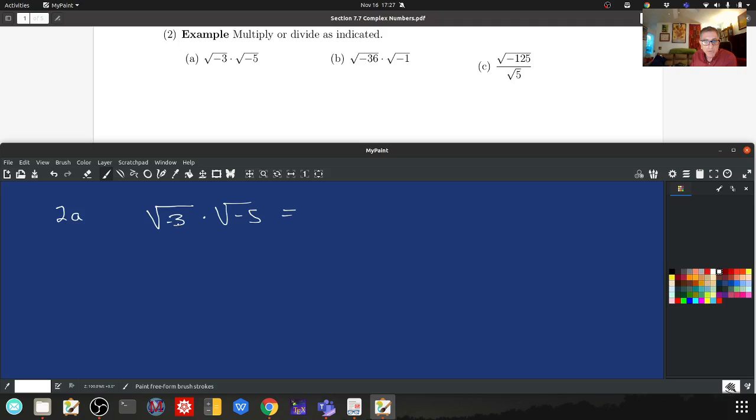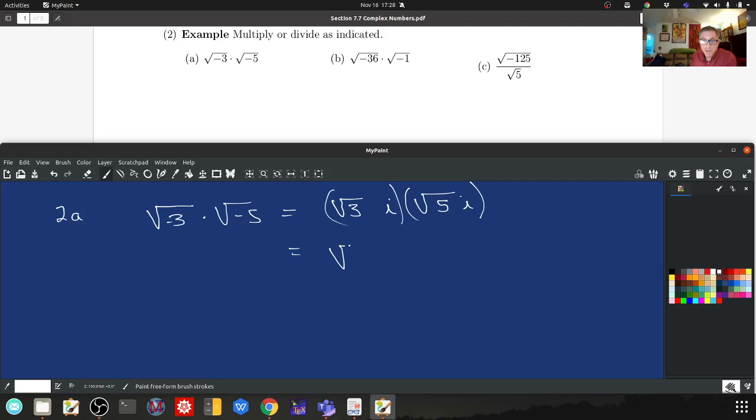Well, the square root of minus 3 is, I'm going to put the real part always first, the square root of 3 times I. And the square root of minus 5 is the square root of 5 times I. So now I'm multiplying them together. Now notice the square root of 3 and the square root of 5 are both real numbers, so I can use the theorem.